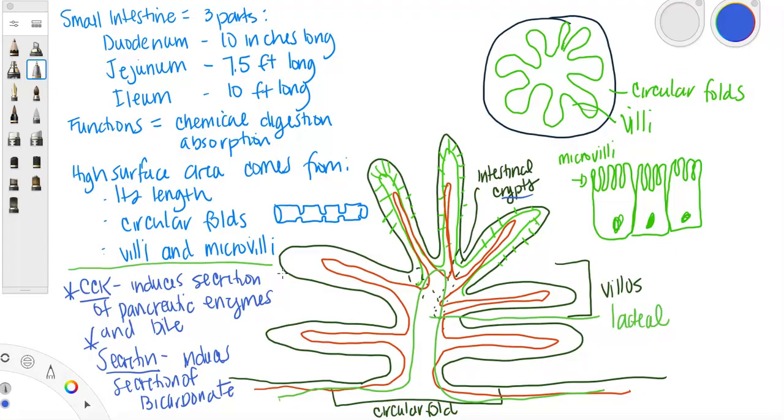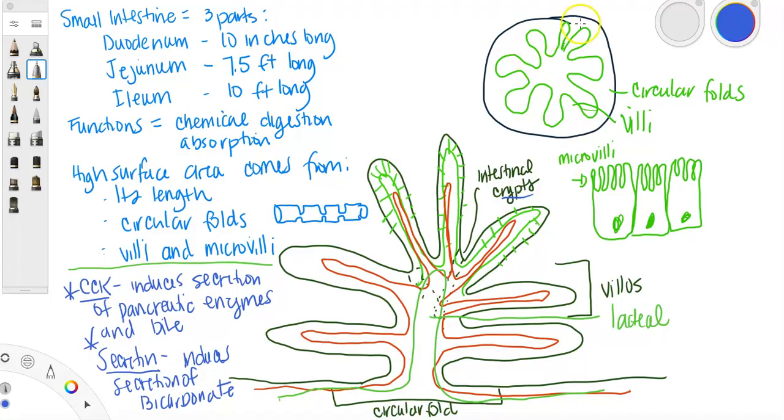So the intestine secretes secretin, and that will tell the pancreas to release a bunch of bicarbonate into the duodenum, and that will increase the pH in the duodenum from a 2 or a 3 up to a 7, and make it pretty neutral. All right, and then of course we've got the enzymes that come in and induce chemical digestion and then absorption of the nutrients.